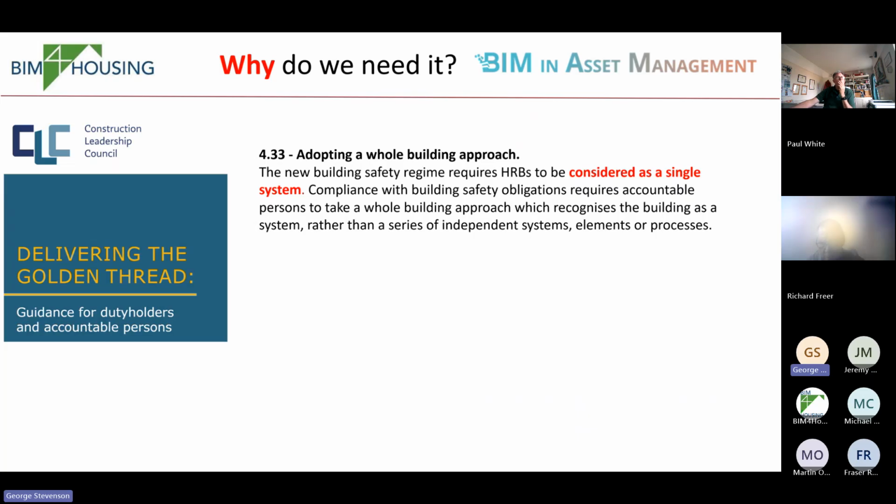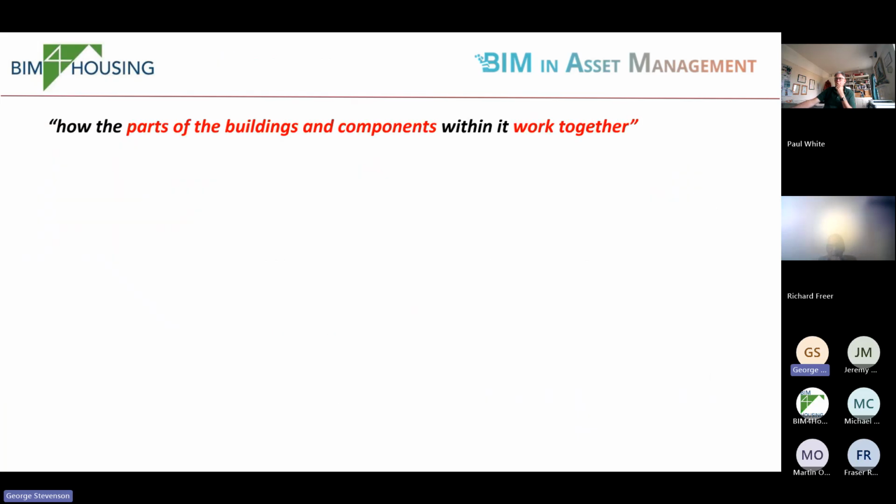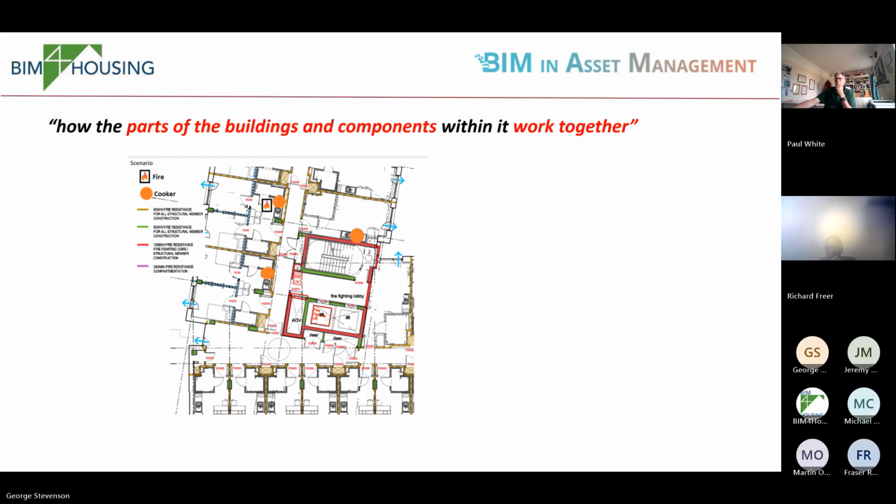The important thing about the golden thread, which is the context in which we're talking about this asset information, is that you need to be able to look at how systems and components work together. And you've seen this many times where we've got a fire that breaks out in a kitchen. The most important thing we're trying to protect against, in principle, is stopping smoke from getting into a stairwell and then probably killing people.